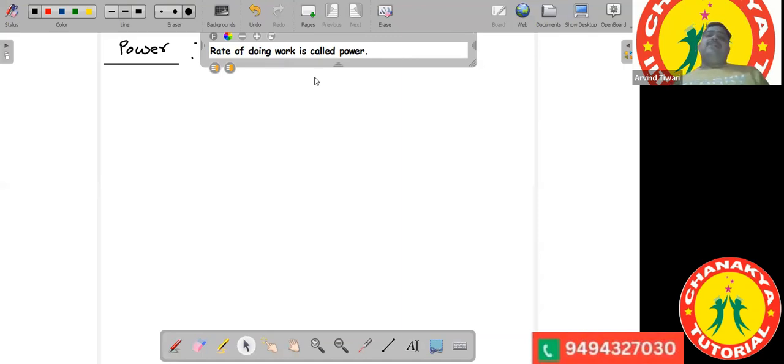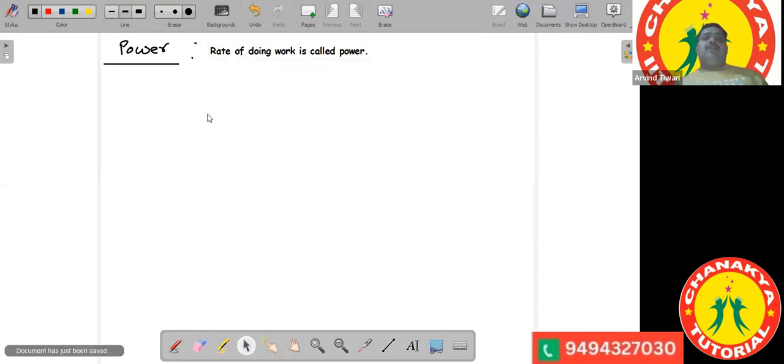Now, how do we define this? We can write power as work done per unit time. That is what the definition says. Power is work upon time. Rate of doing work, how fast the work is being done.